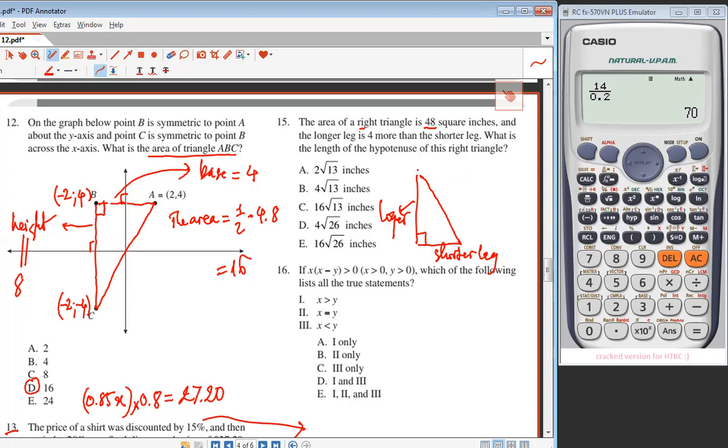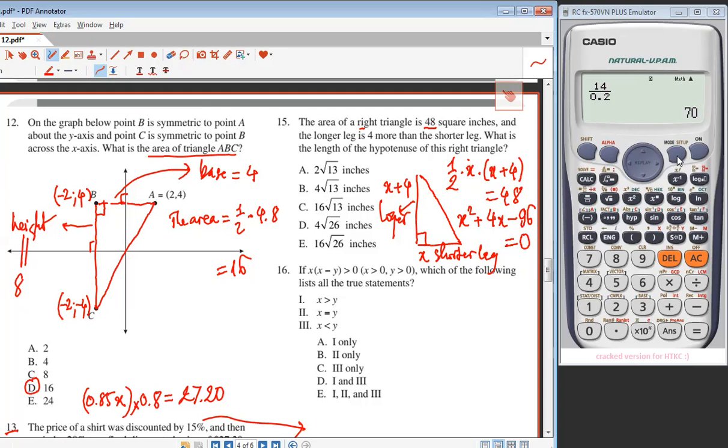To find the area, we just take one half. If we call the shorter leg S, then the longer leg is S plus 4. One half times S times S plus 4 equals 48, and we easily have S squared plus 4S minus 96 equals 0.